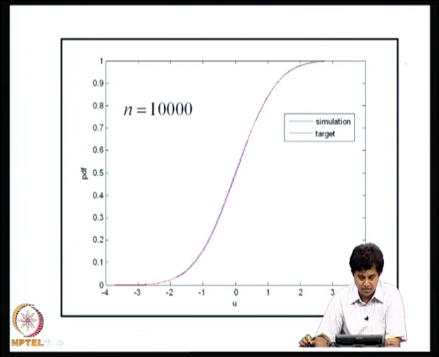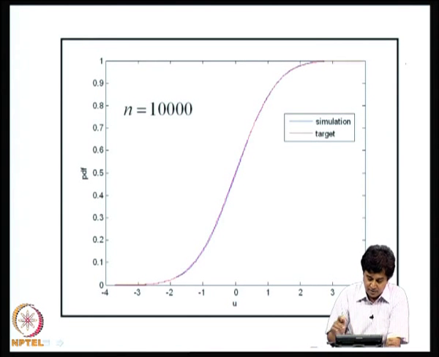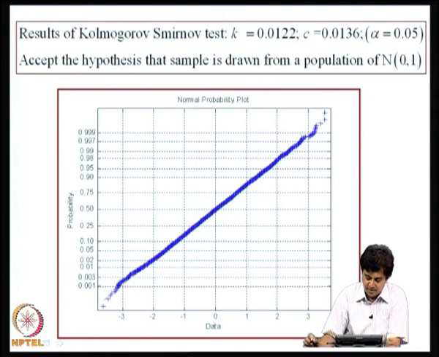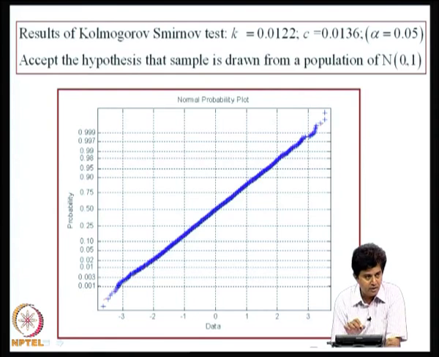Similarly, with 10,000 samples, the agreement, as we can infer from visual inspection, is much better now. And if you conduct the KS test again, we will be in a position to accept the hypothesis that these numbers are drawn from a standard normal population at 5% significance level.